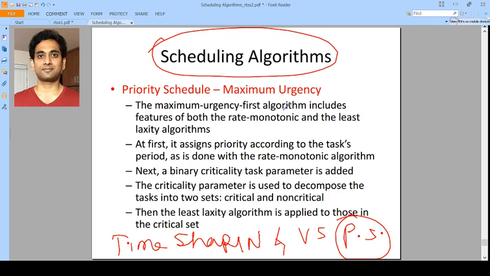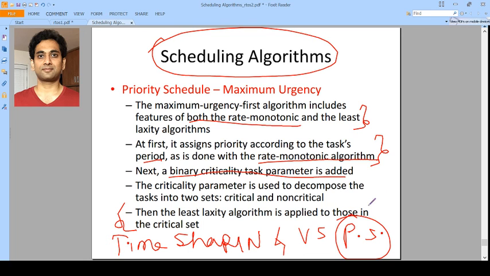So the maximum urgency first algorithm includes features of both rate monotonic and least laxity. At first, it assigns priority according to the task's period, as is done with the rate monotonic algorithm. And then, after the rate monotonic scheme is implemented, a binary variable is assigned to determine if the task is critical or not. If the task is critical, then it is classified differently, and non-critical tasks are placed in a different queue.